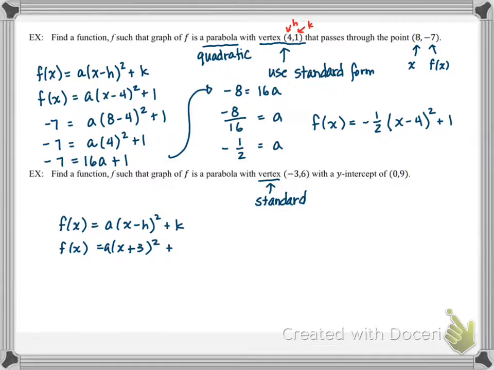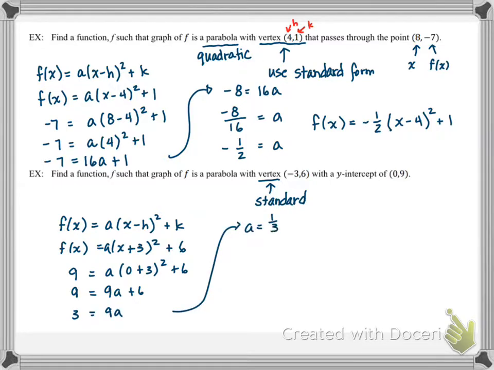Nope, plus 6. Then we'll plug that point in, so 9 equals a times 0 plus 3 squared plus 6. That gets us 9a plus 6, which gives us 3 equals 9a, so a is 1/3. And so f of x equals 1/3 times x plus 3 squared plus 6. And I think that's what I saw on everybody's paper. Awesome. Very good.